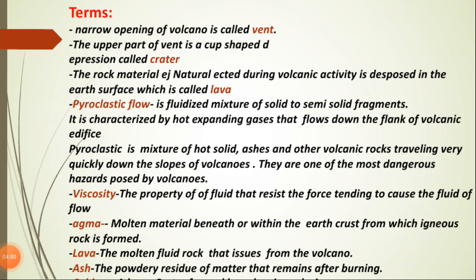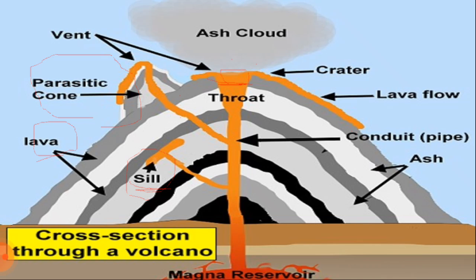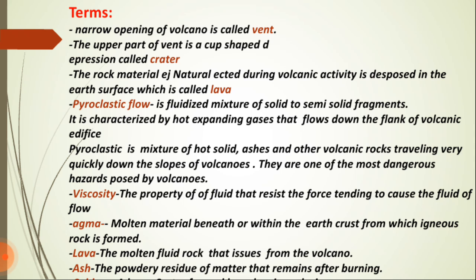Then the rock material that is naturally ejected during volcanic activities and disposed on the earth's surface is called lava. This all red color which is flowing down and coming up is called lava. Pyroclastic flow is a fluidized mixture of solid to semi-solid fragments.